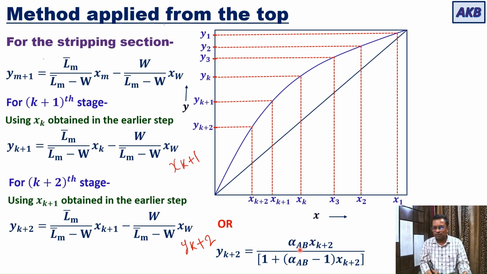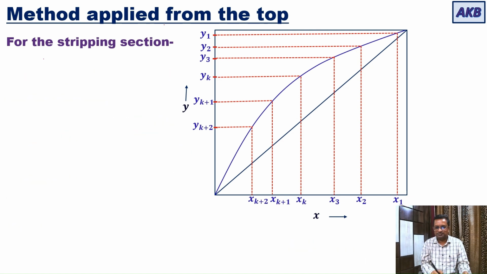Yk plus 2 is known, you can get Xk plus 2. So you have to use one of these. If the distribution diagram is available, you use the distribution diagram, and if an equilibrium relationship like this is available, you can use that. So you are going to get Xk plus 2.